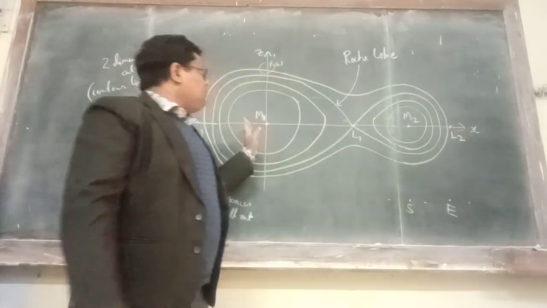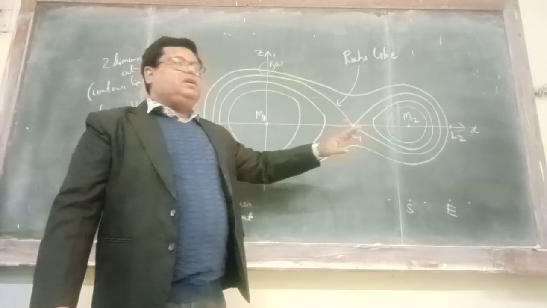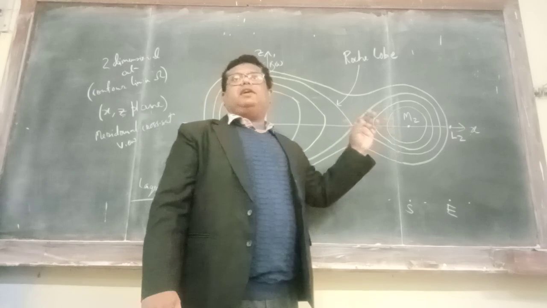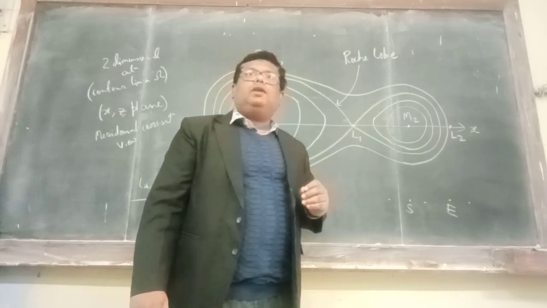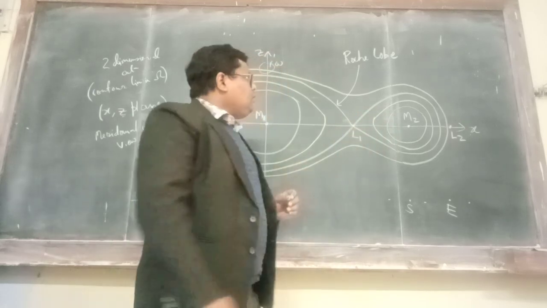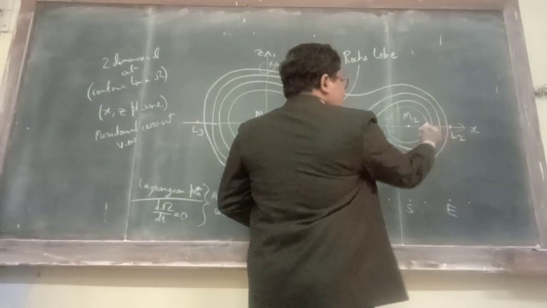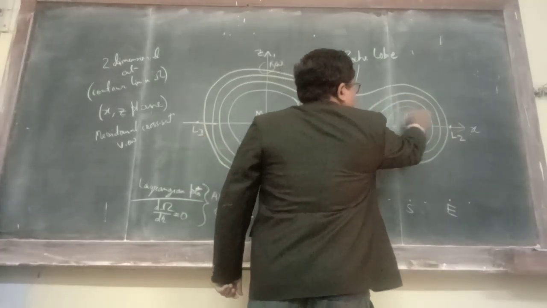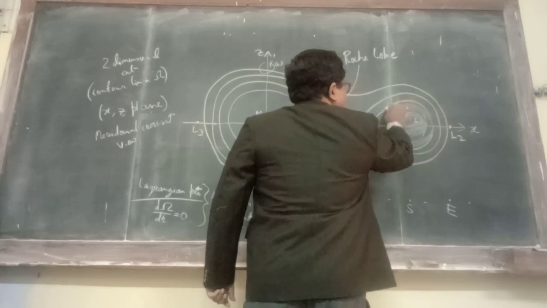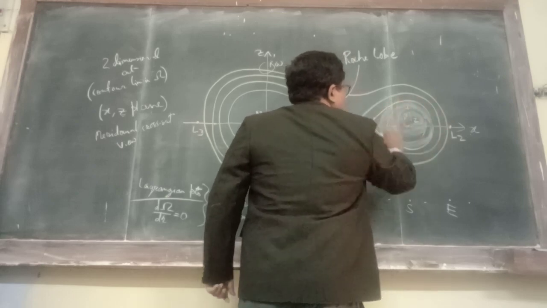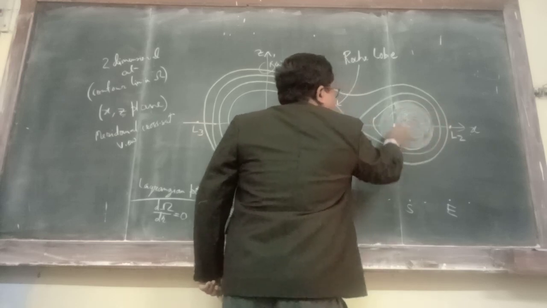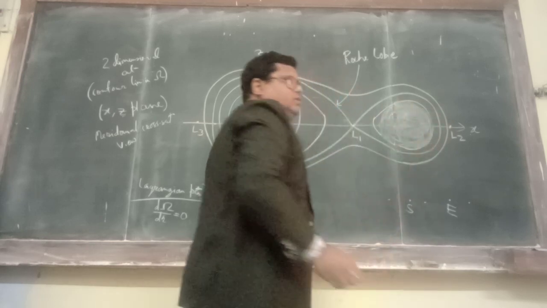Now consider the case over here, or say over here. Suppose these are two masses. Now this star undergoes the red giant phase. What will happen is that slowly all this area is being filled up by the envelope of this M2.